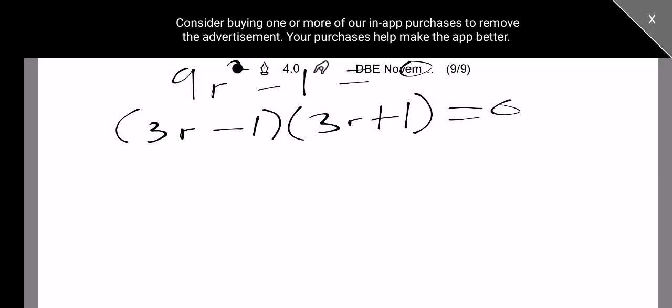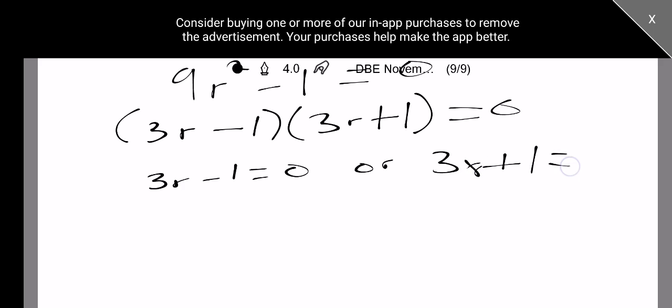Now the solutions are going to be 3r minus 1 equals 0, or 3r plus 1 equals 0. 3r equals 1, divide both sides by 3, r equals 1 over 3.